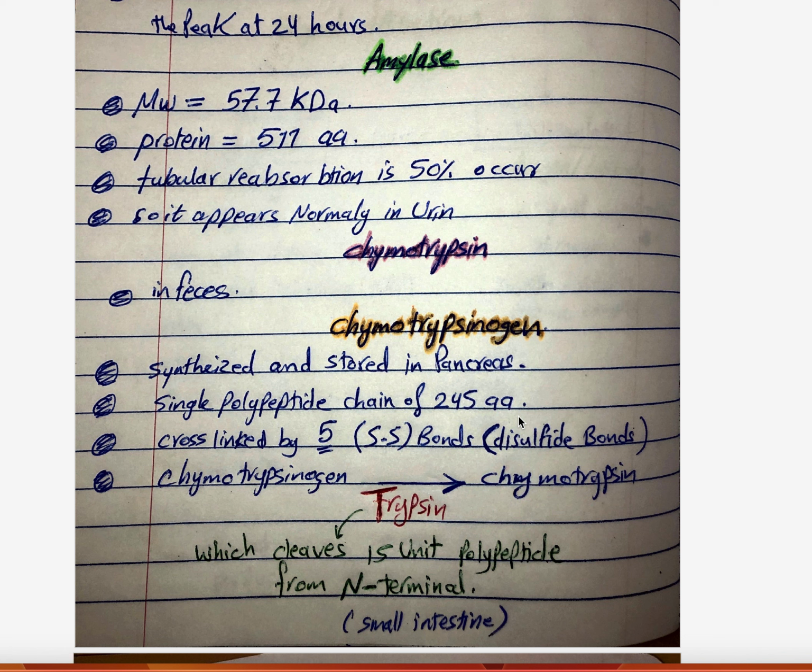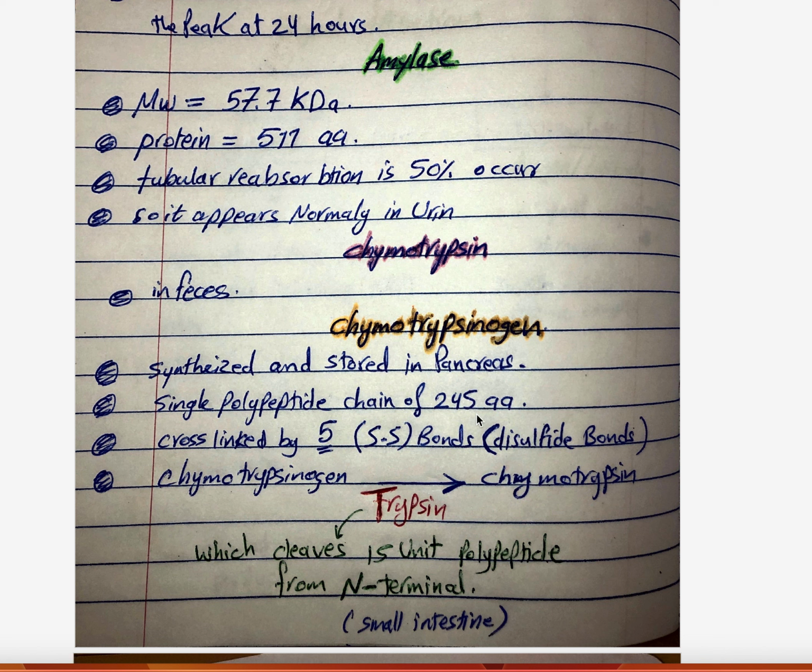I'm just curious about chymotrypsinogen being synthesized in the pancreas, even though it's a protein, because most proteins are synthesized in the liver. But this protein is synthesized by the pancreas and is also stored in the pancreas.